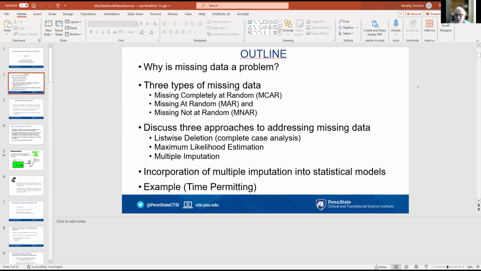There are more approaches than the 3 I'm going to talk about, but because we don't have that much time, I'm going to focus on, I think, the 3 most useful and probably popular approaches. The last of those approaches is called multiple imputation, which is probably the most widely used. And we'll talk about how we use multiple imputation and combine it with statistical models. And assuming there's time, I'll talk about a little example that I've published a few years ago.